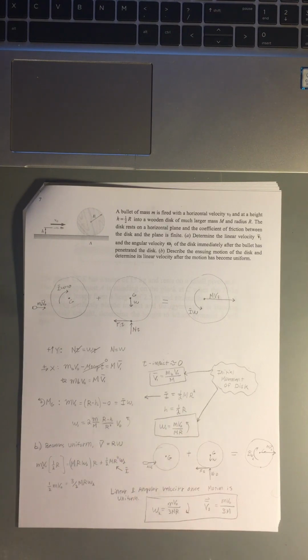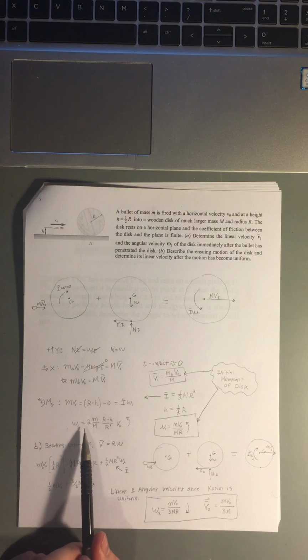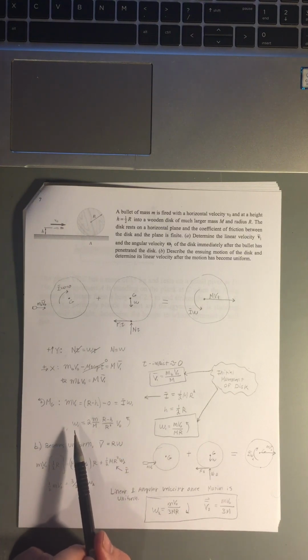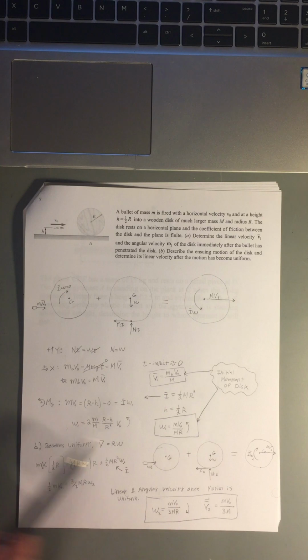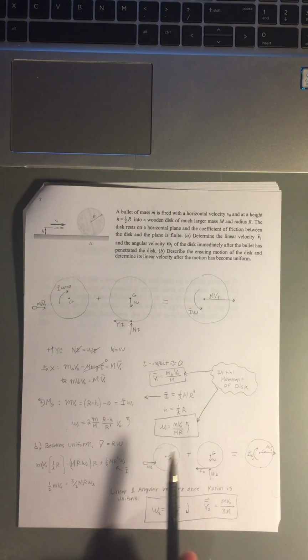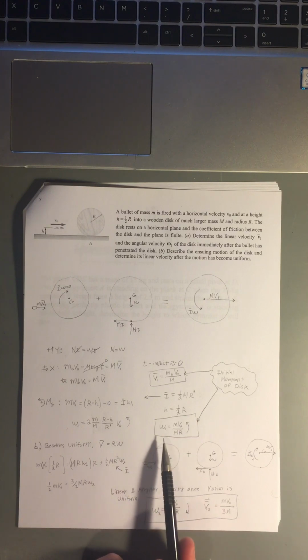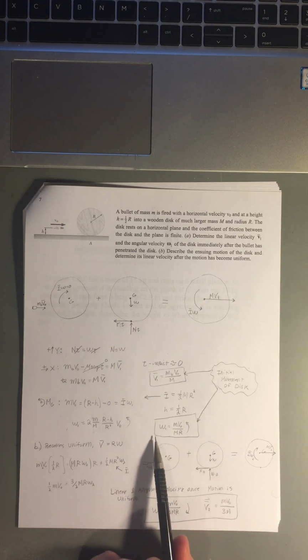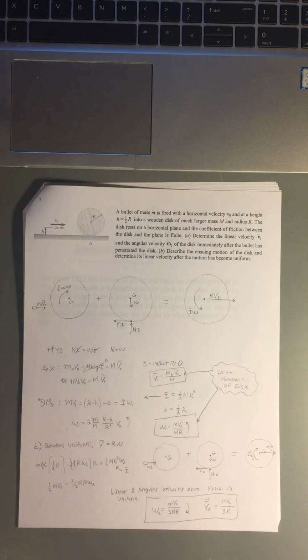And so we can plug that term in, and we were also told that this height here is 1/2 of the wooden disc's radius, and so we can plug that in. And then we can solve this equation for omega 1 here, which is the angular velocity right after the impact of the bullet, which is this equation right here once it's all rearranged and simplified.